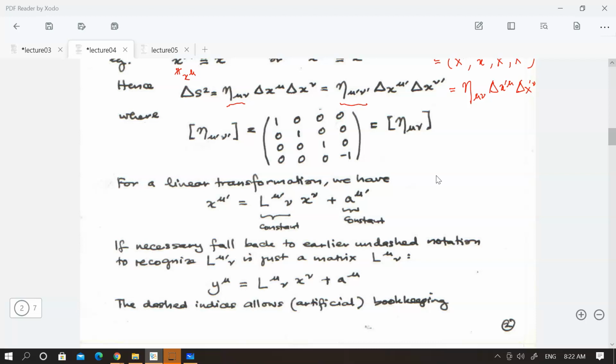Right. So now remember one of the things that we need is the idea of this linear transformation. So if you remember, a linear transformation is the one which involves changing your coordinates only with a linear term. So here is a general linear transformation.